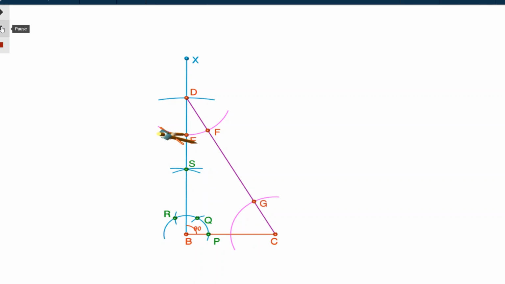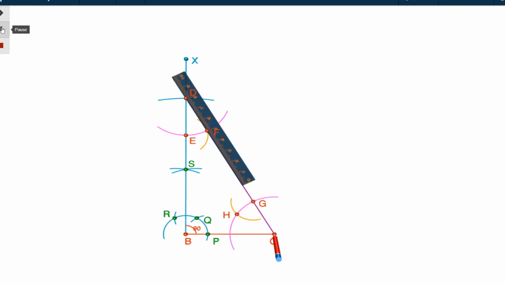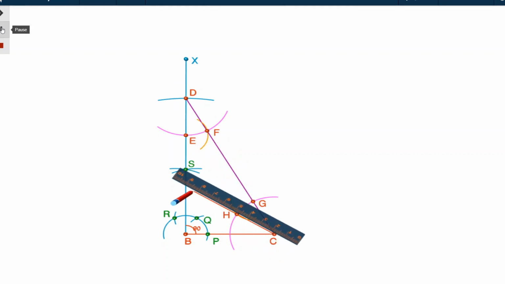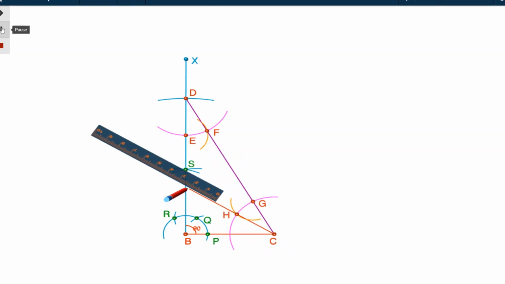Name it G. Now we measure arc EF and adjust our radius to EF. With the same radius, mark arc GH equal to EF. So we have made equal angles. Now join CH and extend it to some point, say Y.